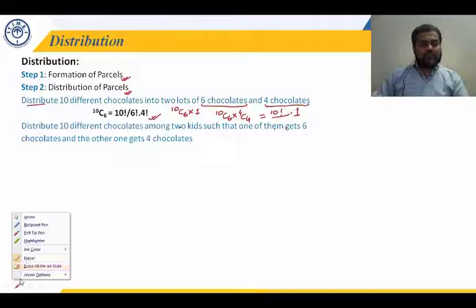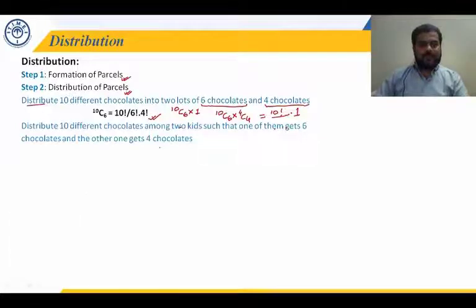In this case, first we have to form the parcels. So we form 2 parcels, one of 6 chocolates and the other of 4 chocolates, and then we also have to distribute those 2 parcels among 2 kids. So this is distribution of parcels followed by formation of parcels.